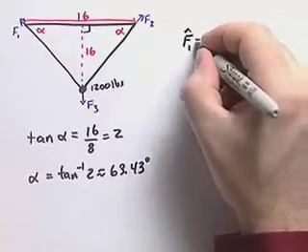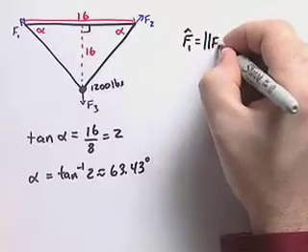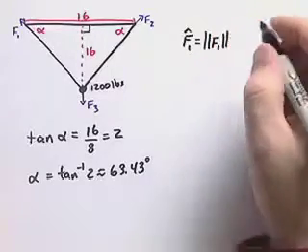F1 is equal to the magnitude of F1. Now that we've determined the angle alpha, we can go ahead and write down our force vectors. We want to write down our force vectors broken into their horizontal and vertical components.